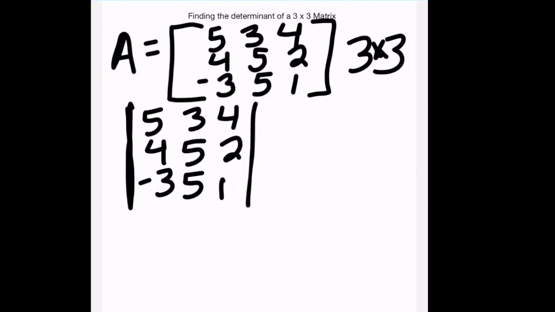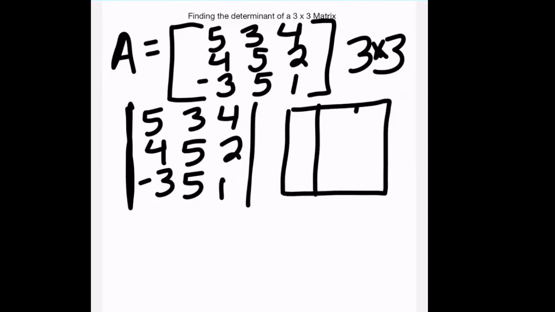First, we're going to treat this like a checkerboard. If you're not familiar with what a checkerboard is, that's okay, and you don't necessarily need to follow this step. It's just a helpful visual for students to understand.